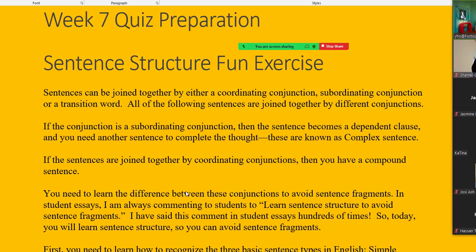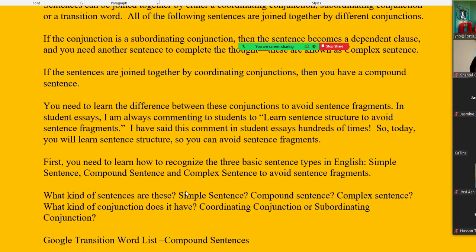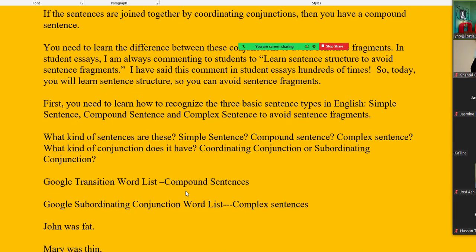If the sentences are joined together by coordinating conjunctions, then you have a compound sentence. So you need to learn the difference between a compound and a complex sentence in order to avoid sentence fragments. And so in the essays, I always tell students, learn your sentence structure to avoid sentence fragments.